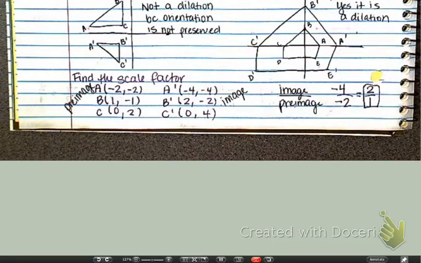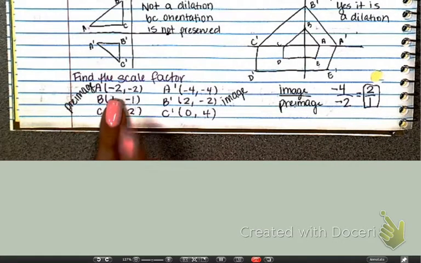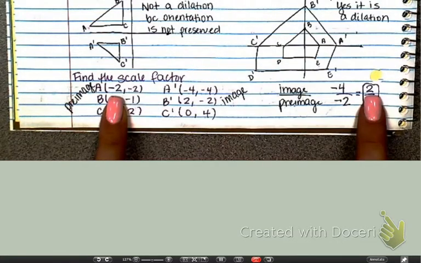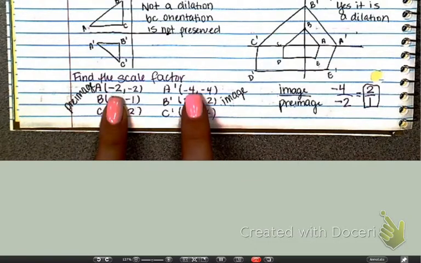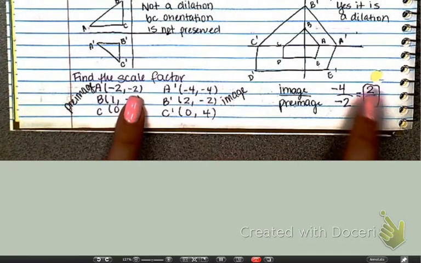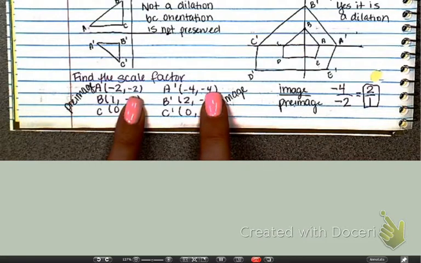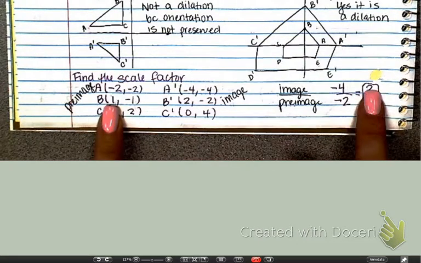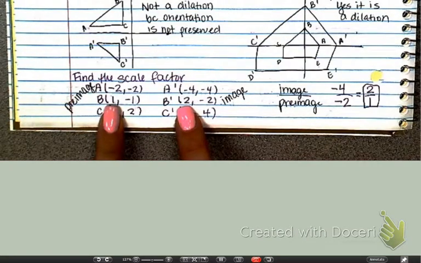Now we said if a dilation happens, everything is proportional. So I should be able to take my scale factor and multiply it by my pre-image to get my image. So let's see. If I take -2 and multiply it by 2, what do I get? -4. What is 1 times 2? 2.